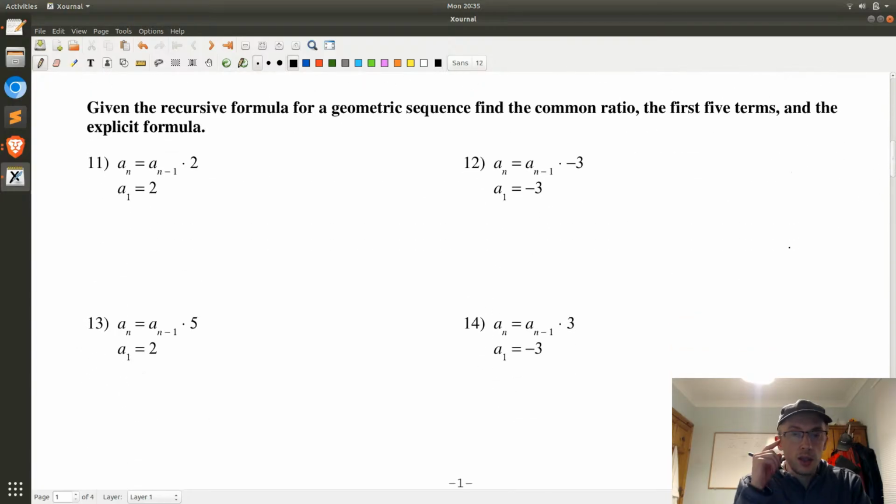Given the recursive formula for a geometric sequence, find the common ratio, the first 5 terms, and the explicit formula. Grand. The common ratio. The first 5 terms. And the explicit formula while you're at it.